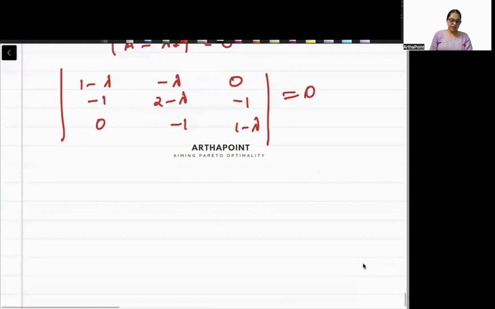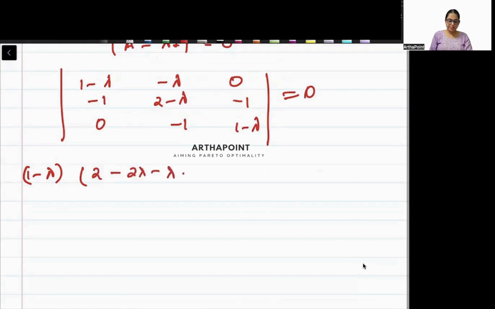Now, when you solve this, you will get 1 minus lambda square, 2 minus 2 lambda minus lambda plus lambda square minus 1 plus 1 minus 1 plus lambda is equal to 0.